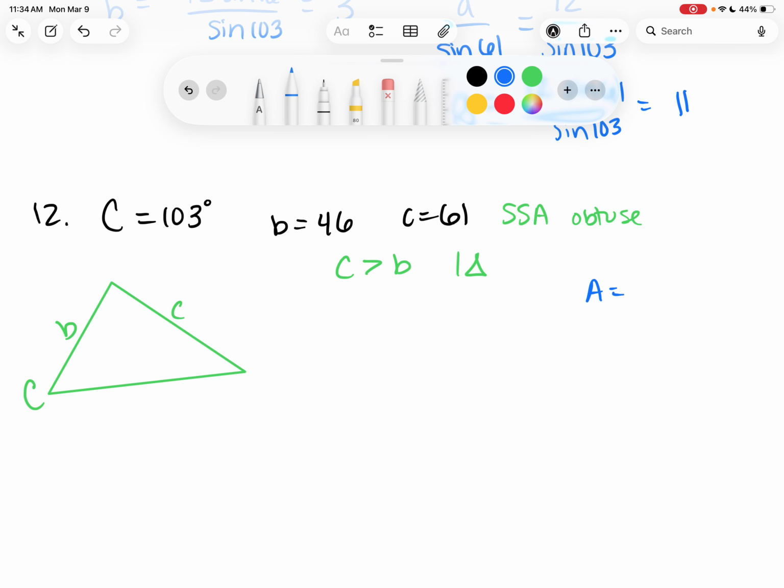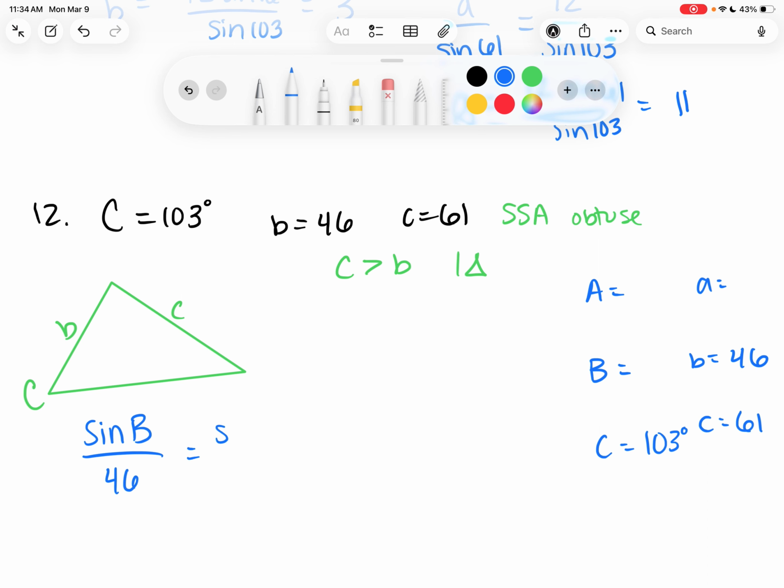So I'm going to set up the spot to write all of my stuff in over here. And then at this point I can start solving. You have to have at least one piece of information to be able to solve, so I can't solve anything for A, so the only option is for me to solve angle B. So sine of B over 46 is equal to sine 103 over 61.